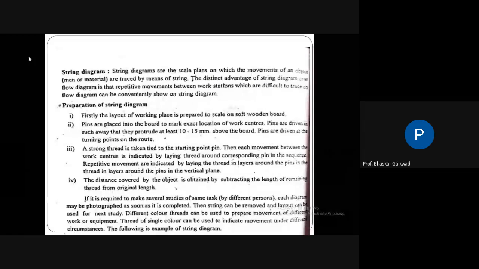So how to prepare this string diagram? That is very simple. They have given four points, and after that we'll take one example with charts. The first point: the layout of the working place is prepared to scale on soft wooden boards. So you can take a wooden board, and assign the workplace. Second, pins are placed into the board to mark the exact location of each workstation.